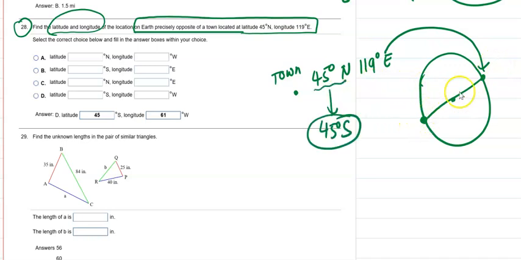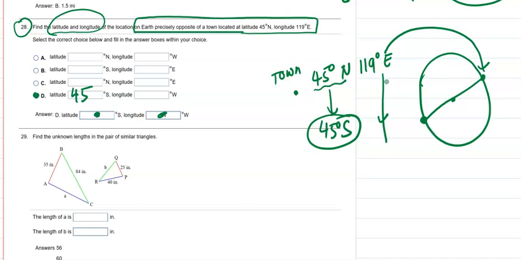The latitude of the town that is opposite must be 45 degrees south. So the answer is 45 south. But as a longitude, the east is going to be west.